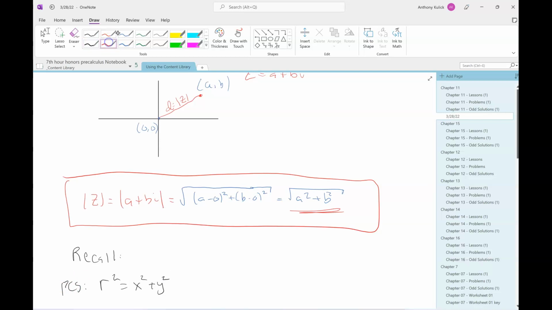So guess what? Sometimes we call this absolute value of z. We also sometimes call it r. And when we talk about the absolute value of a complex number, oftentimes we'll refer to it as the modulus.